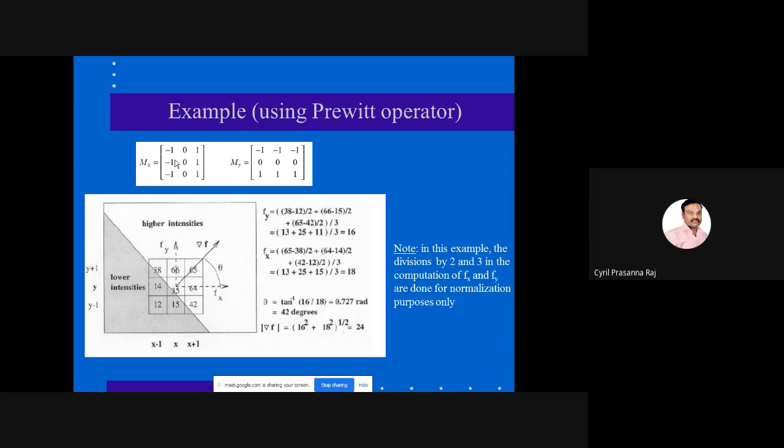In edge detection, if you are trying to run the edge detection process on an image, there are two mask sets available. One is called the MX mask set, the other is called the MY mask set. We call it a mask or simply a kernel, but in image processing we call it a mask: the MX mask and the MY mask.